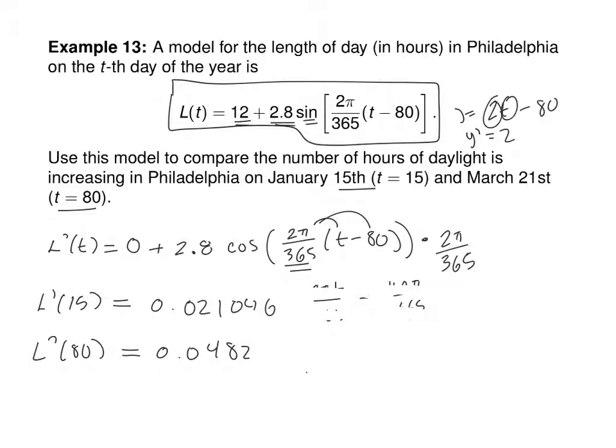What's t measured in? Days. Or it's hours per day. You could convert them into minutes by multiplying by 60 if you wanted to. It's approximately 1.23 minutes per day versus 2.89 minutes per day.